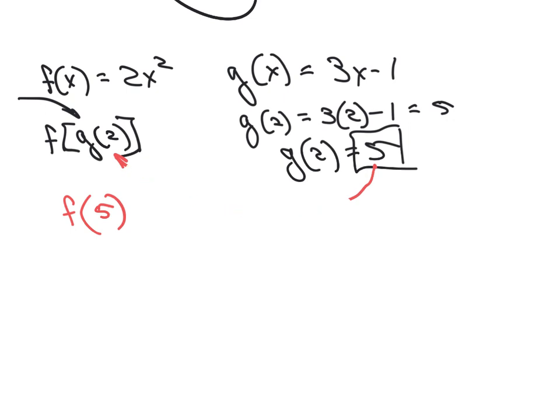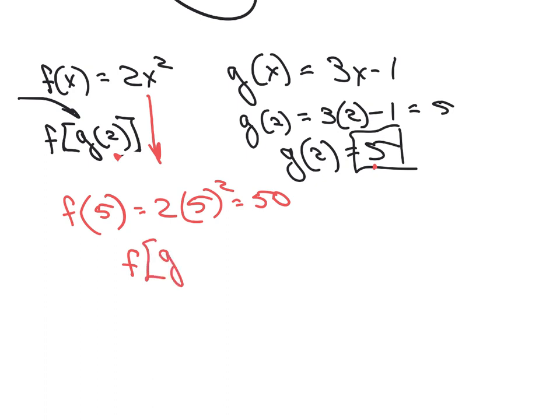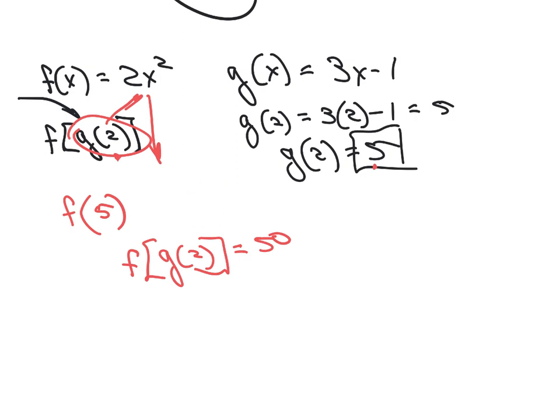So now what we've got is f of 5 equals 2, because we're going to bring this down, times 5 squared equals 25 times 2 is 50. So f of g of 2 equals 50. Okay, so we do this first, find out the answer, and then we take that answer and plug it into our f.